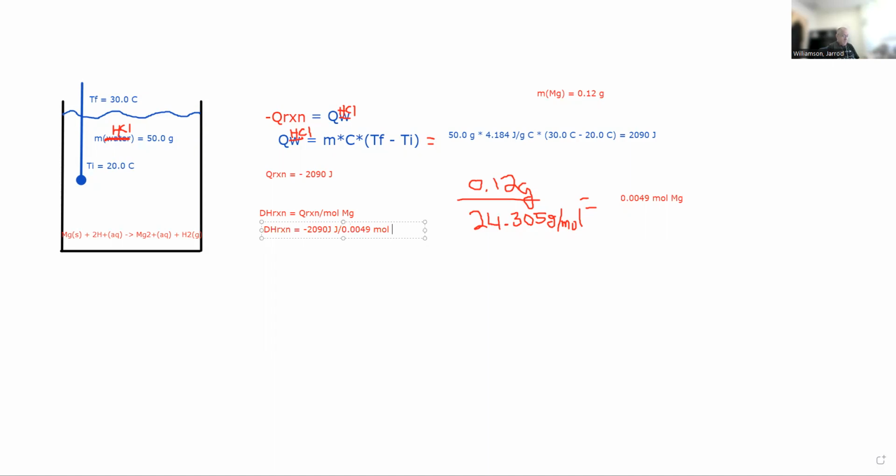So 2090 divided by 0.0049, and I get a big number, so let me divide that by 1,000. And I'm going to get negative 427 kilojoules per mole.